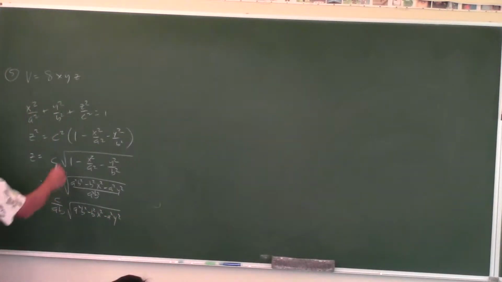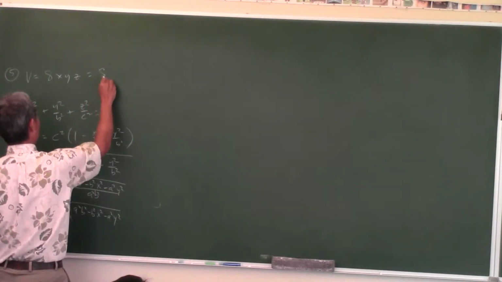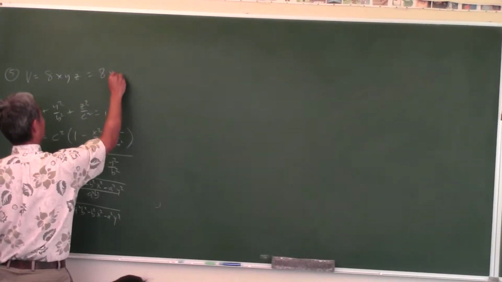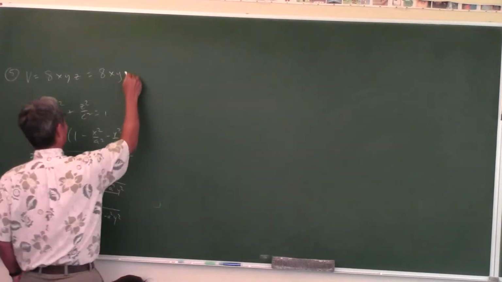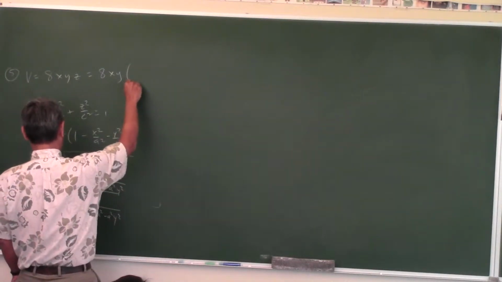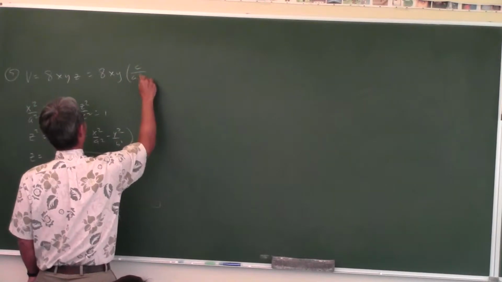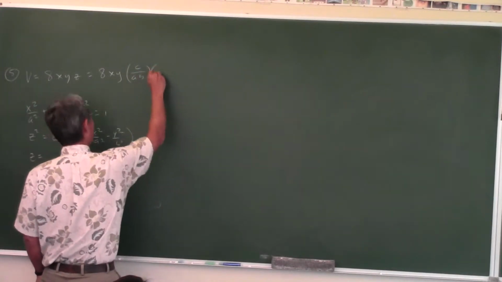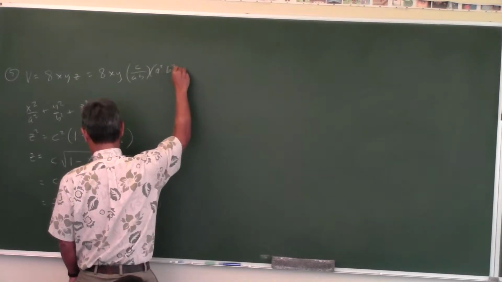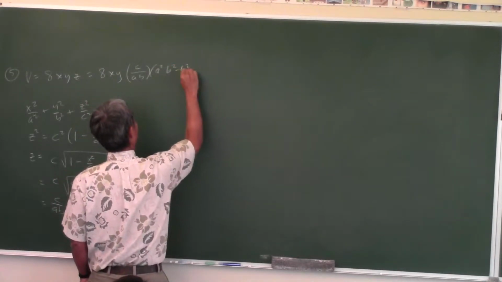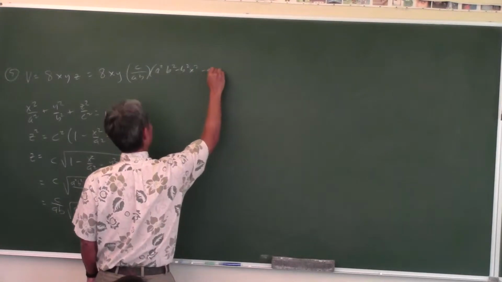So this becomes 8xyc, and z is equal to this thing here. So what do we have? c over ab times the square root of a squared b squared minus b squared x squared minus a squared y squared.